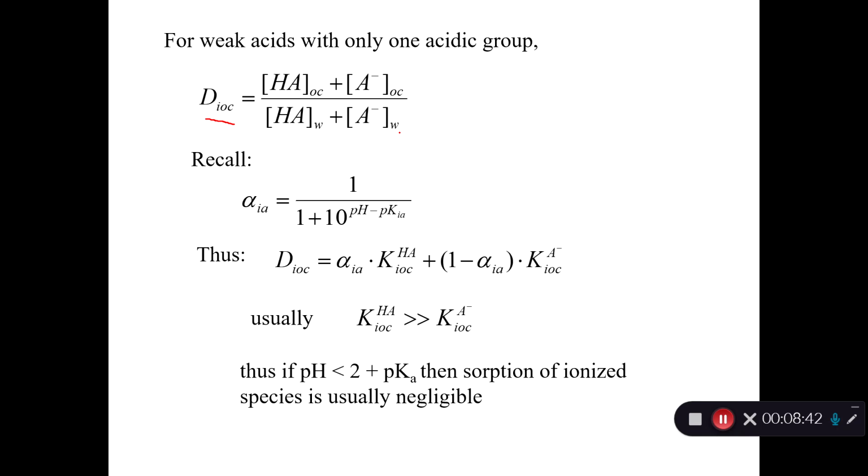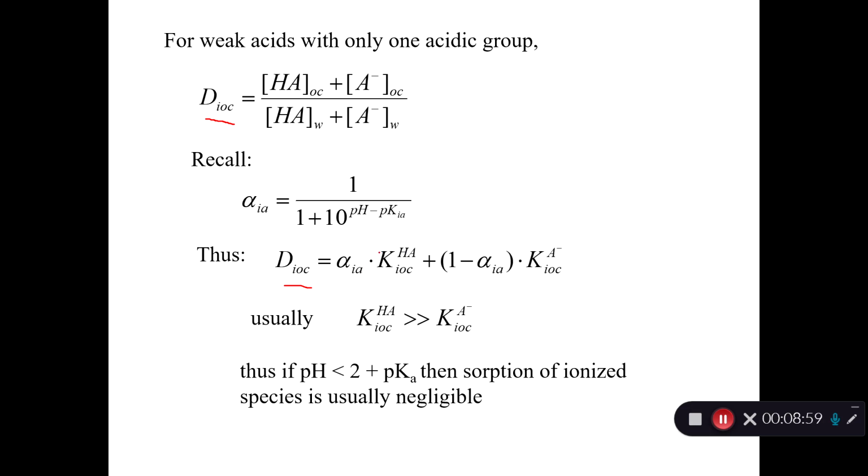So we know the relationships between HA and A minus in the water and in the octanol because we know how to calculate alpha. So we could calculate a distribution coefficient for our chemical.